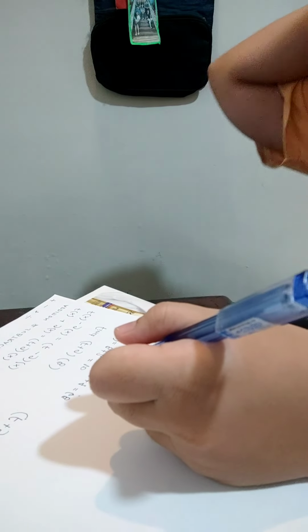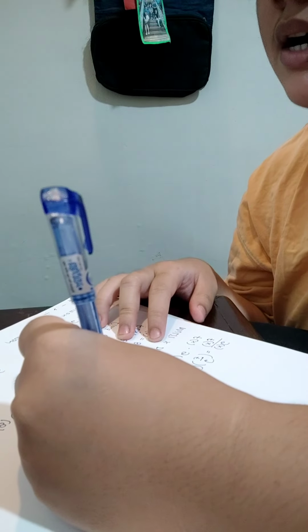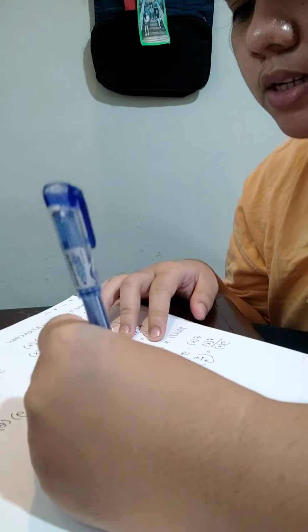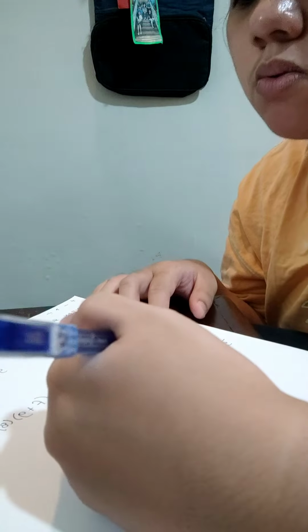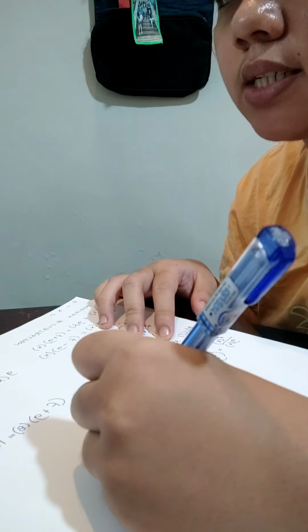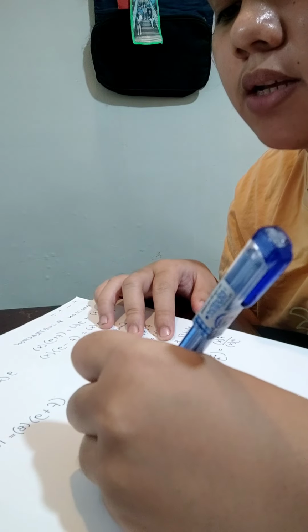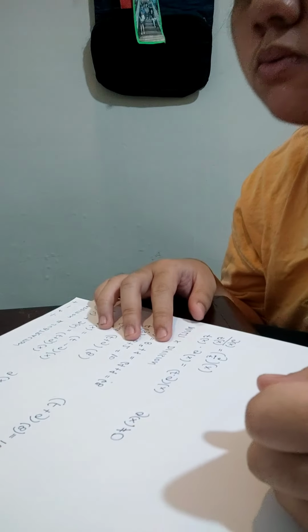So, always remember that the denominator cannot be equal to 0. So, g of x cannot be equal to 0.